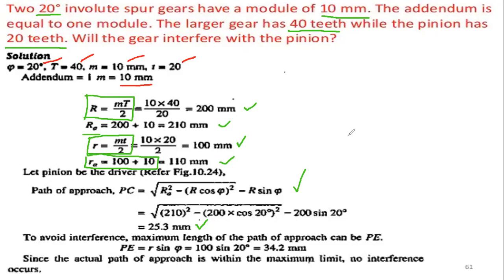So to avoid the interference, the maximum number of teeth has to be taken. That is, the maximum length of the path of approach can be taken. That is PE. So we need to find the PE value here.